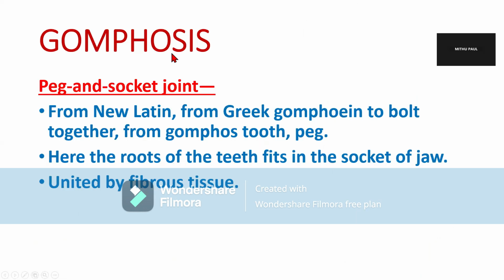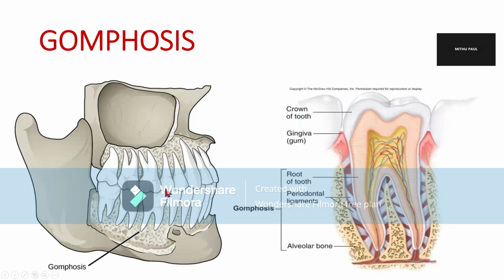Gomphosis. Gomphos means tooth. This is also called a peg and socket joint, as if one peg is fitting inside a socket. The roots of the teeth fit in the sockets of the jaw, either upper or lower, and they are fixed by fibrous tissue.